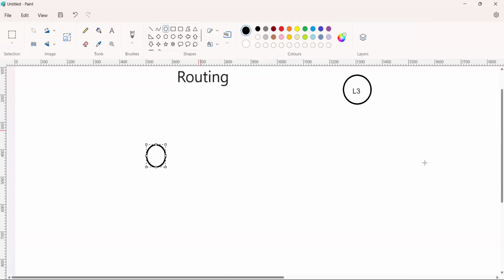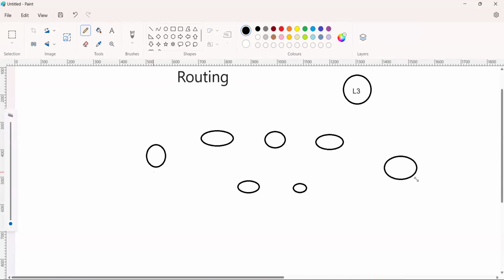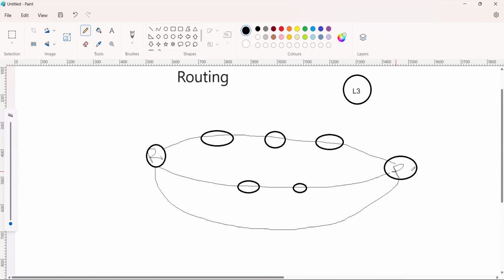multiple paths. This is our router, and likewise you have paths to your destination. So this is your first path, this is the second path, and if you have a third path also, like that, in this path there are routers R1 and R2.